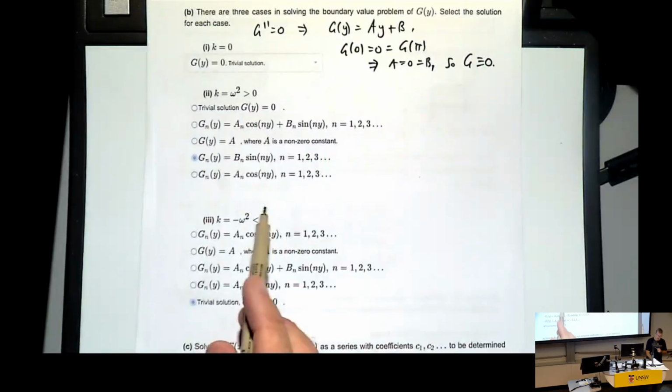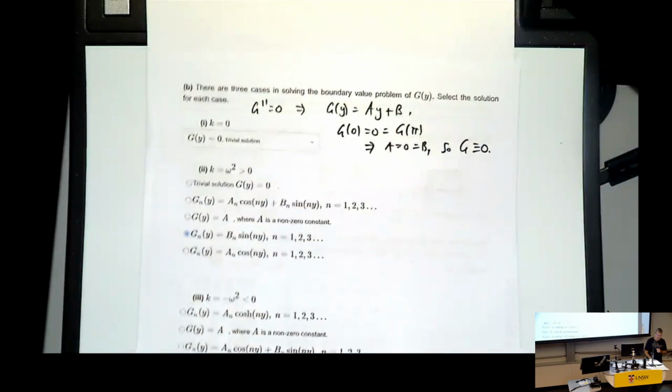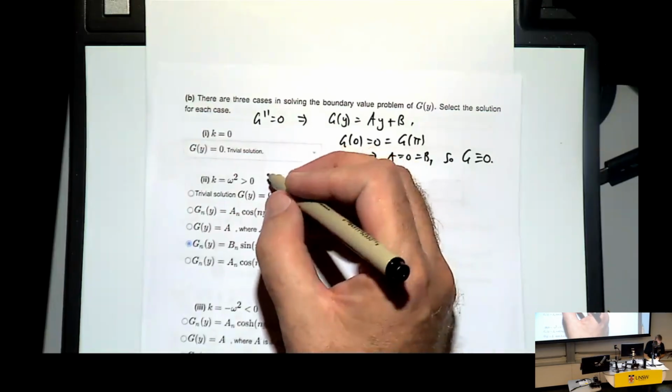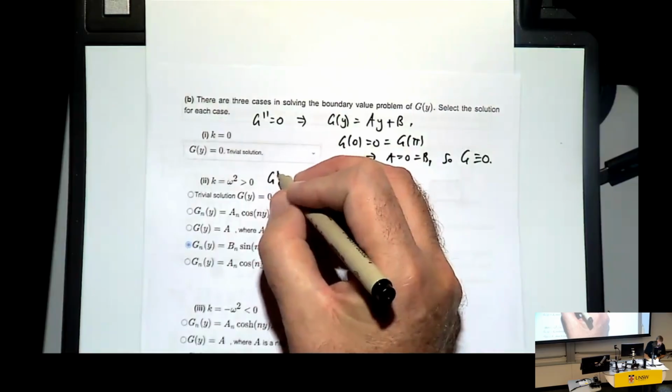Okay? And in the third case, we're looking at it where k is negative. So they've introduced this omega squared just to make the notation look a little bit simpler. Okay? So what happens in this case? Well, we might get the 0 solution, but we're actually not. So let's try it.